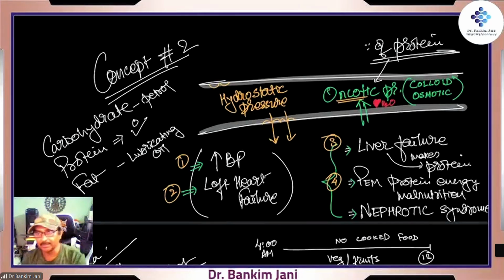Oncotic pressure means pressure on the liver? No, oncotic pressure is the pressure in any of the blood vessels. Oncotic pressure is that pressure which is inviting the water. It is holding the water. It holds the water.